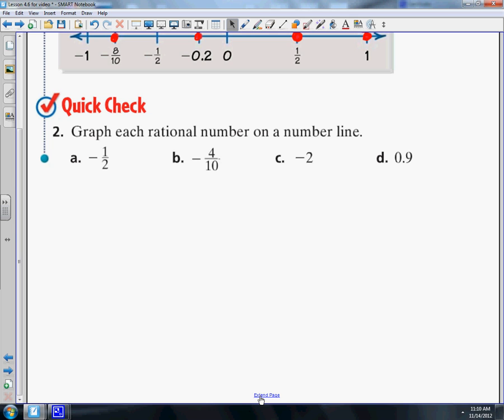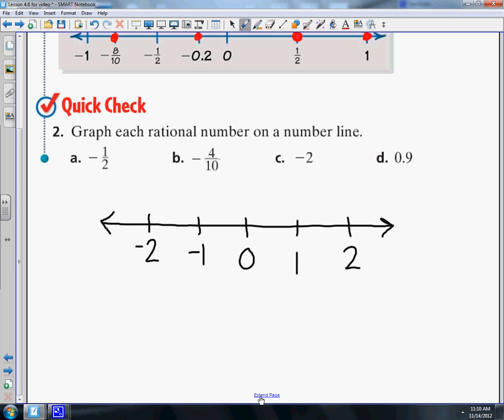All right, so first I want to draw a number line. I look at my numbers and I see, okay, I need to go to negative 2 at least, because that's my largest one of these numbers. So I'm going to go to 2 on both sides, just to make it look symmetrical. So negative 1/2. I'm going to make a tick mark, draw a dot and then label it negative 1/2. Negative 4/10.